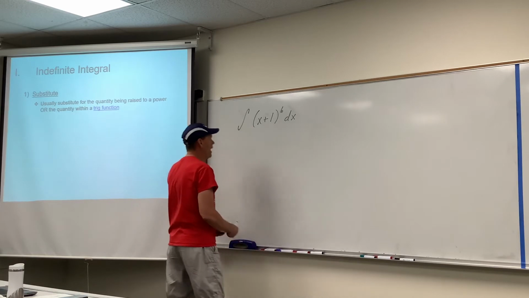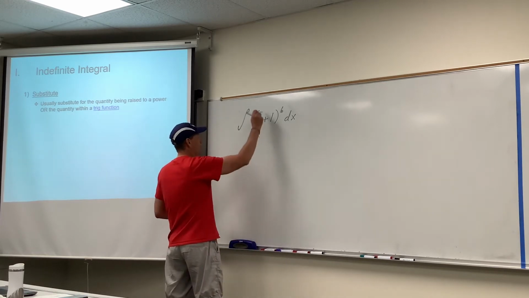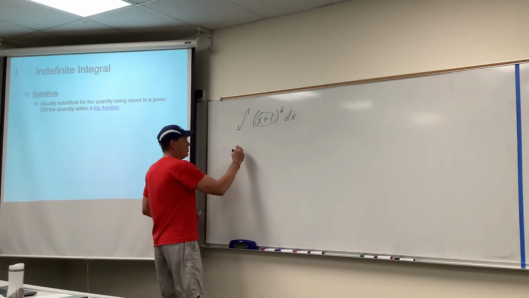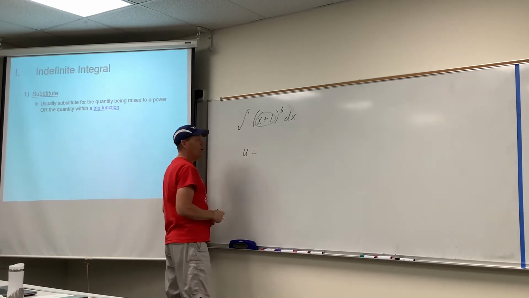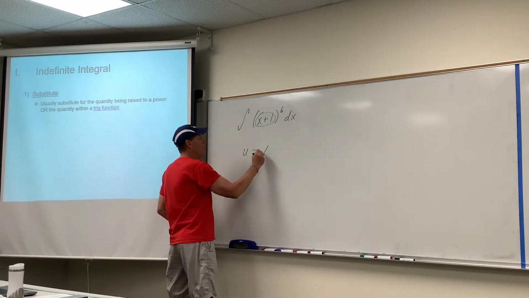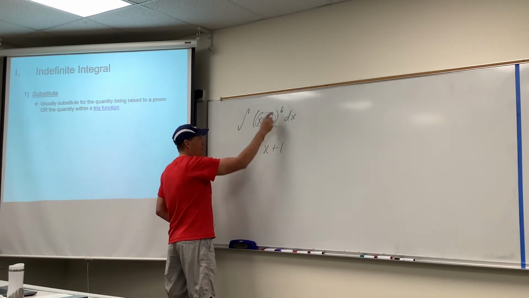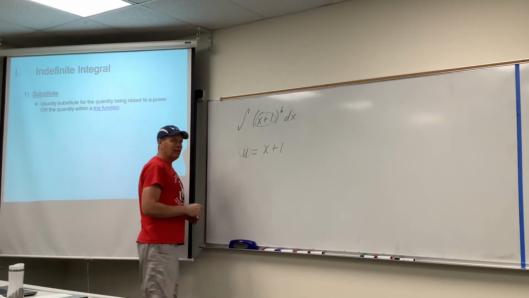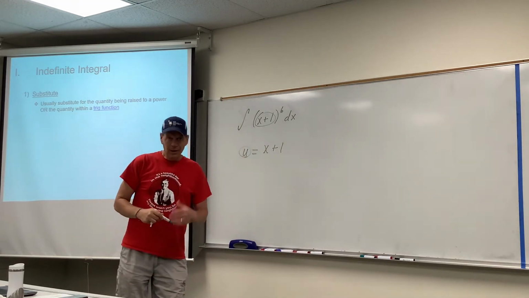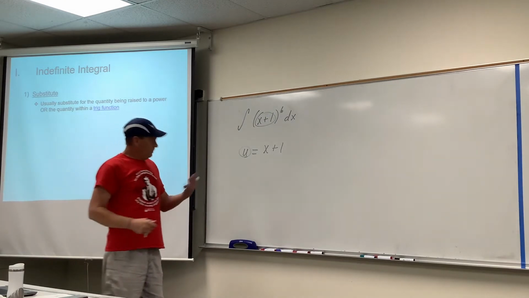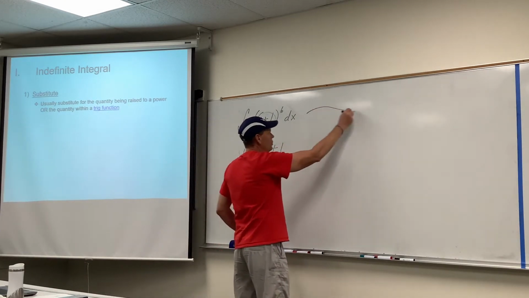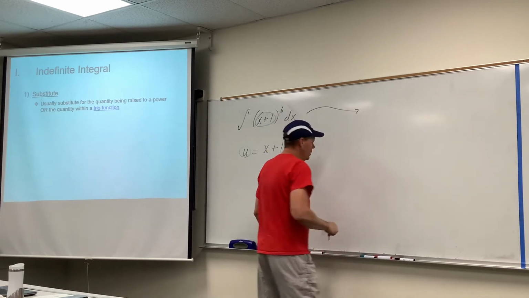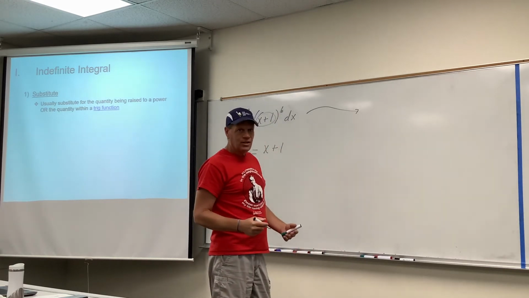Now, if you have a quantity being raised to a power, it is generally advisable that you will substitute a single variable, such as u, for that quantity being raised to a power. So the point is, we're going to replace the x plus 1 with the single variable u. All right? So you'll get used to this. The more we do, the more this will be instinctive. But if you see a quantity being raised to a power, then that's probably what you want to substitute.